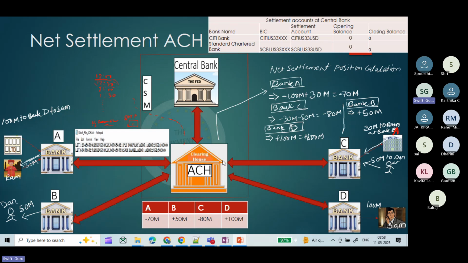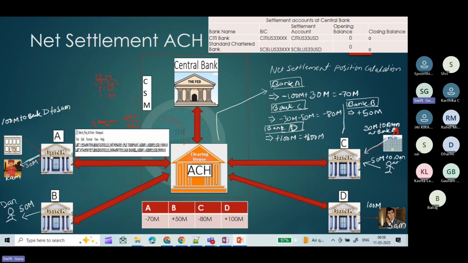All the messages which need to go to bank A, they will send out to bank A, and bank C will receive its respective messages regardless of whether from D, B or A. All the banks will receive the instructions they are supposed to process, and the respective bank is supposed to settle to the beneficiary customer.